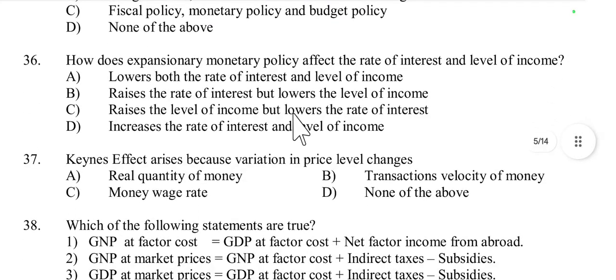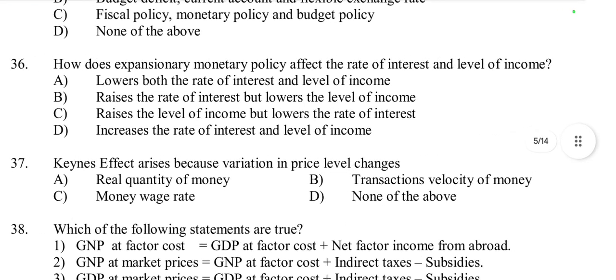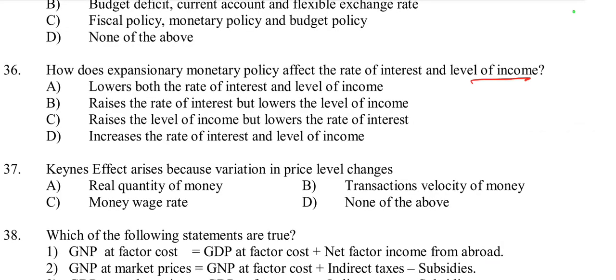Then question number 36. How does expansionary monetary policy affect the rate of interest and the level of income? When expansionary monetary policy occurs, we need to know the effect on the level of income and interest rate. First, the change in interest rate.